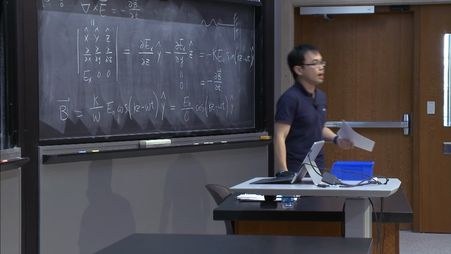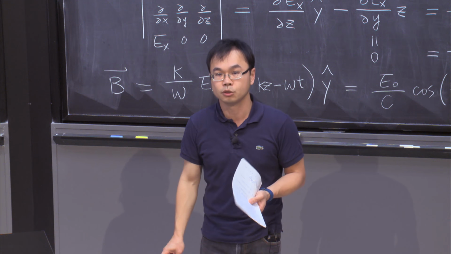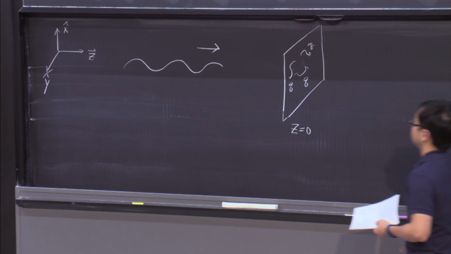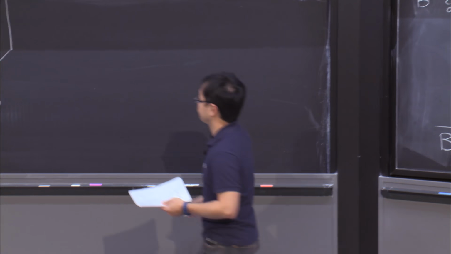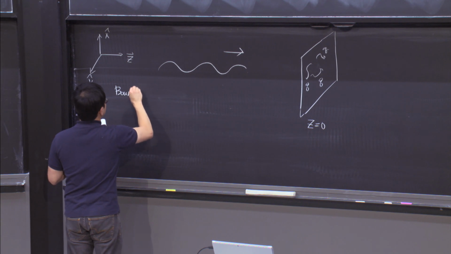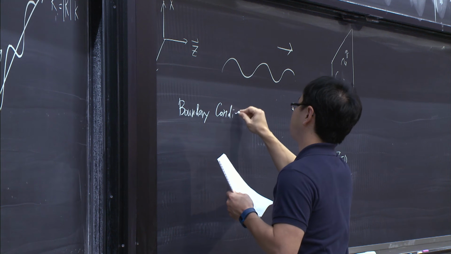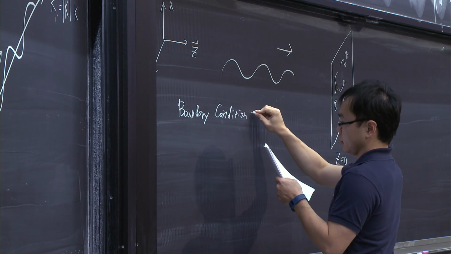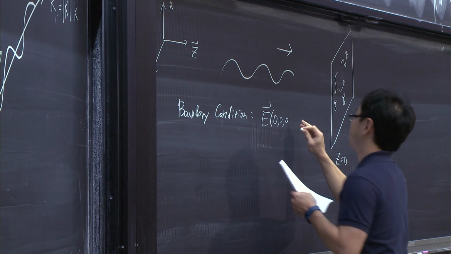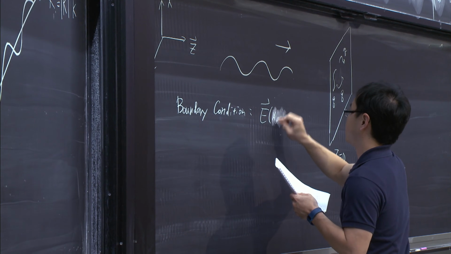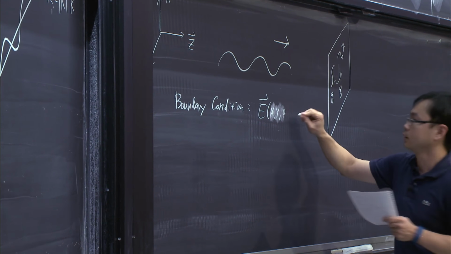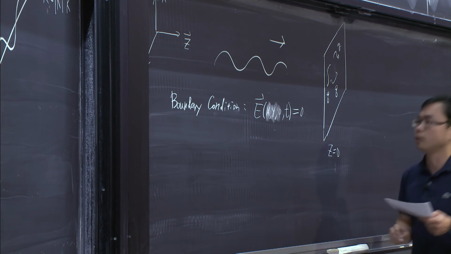You have a progressing wave and there is some kind of boundary, and when this progressing plane wave encounters this perfect conductor, the boundary condition has to be that the electric field at the position z of the perfect conductor, as a function of time, is equal to 0.